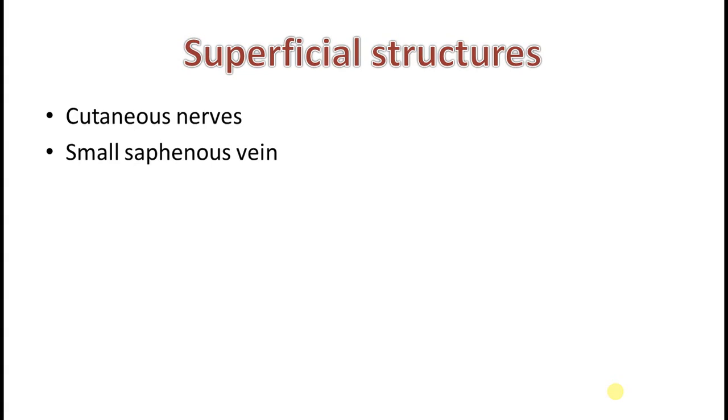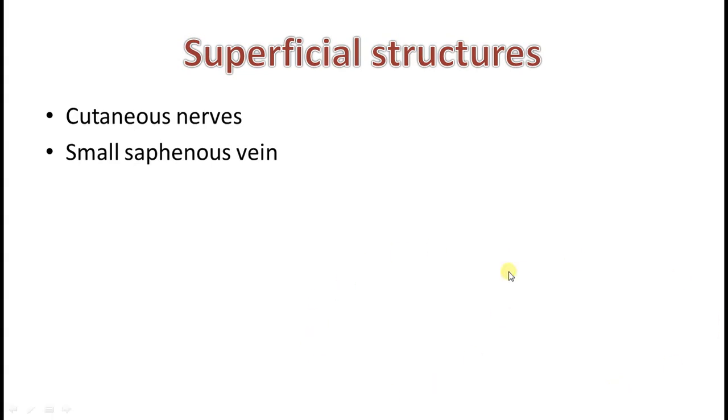The superficial structures: immediately what comes to our mind is the skin, and deep to the skin we have the superficial fascia. In the superficial fascia mainly we come across the superficial cutaneous nerves, the nerves which supply the skin, then any cutaneous blood vessels, especially the superficial veins, and then the lymphatics.